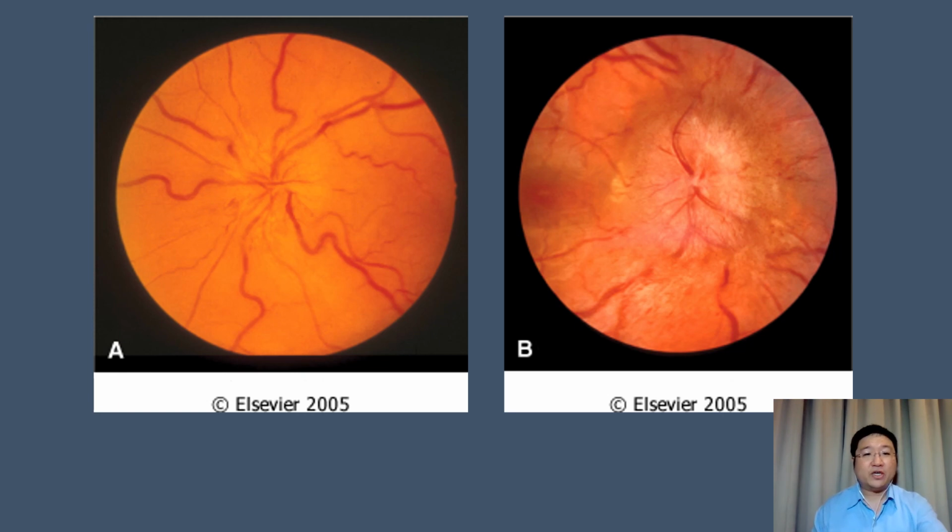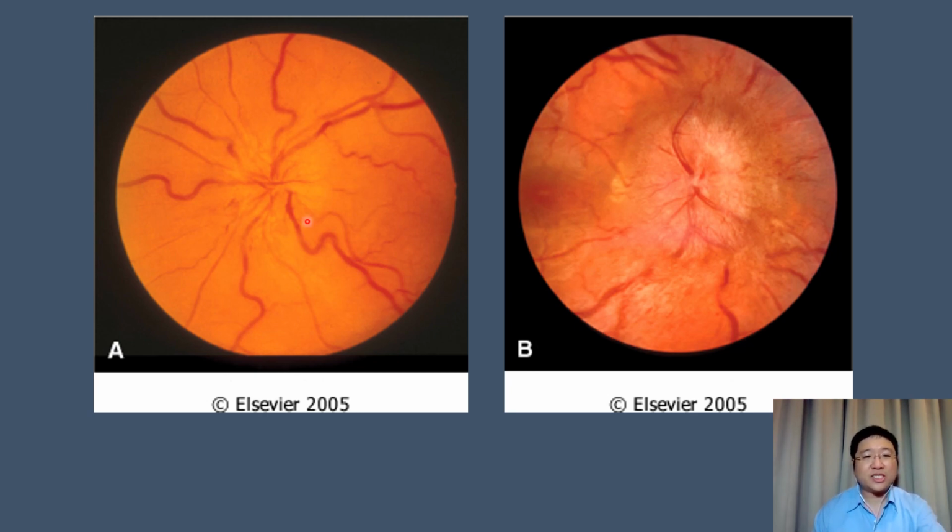The figure on the left side represents anterior ischemic optic neuropathy. There is ischemia of the optic nerve, and we can observe swelling of the optic disc, which is the head of the optic nerve. This swelling is associated with paleness.